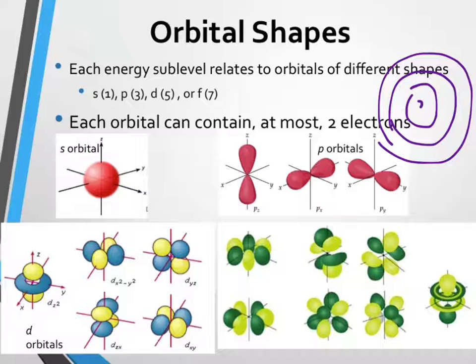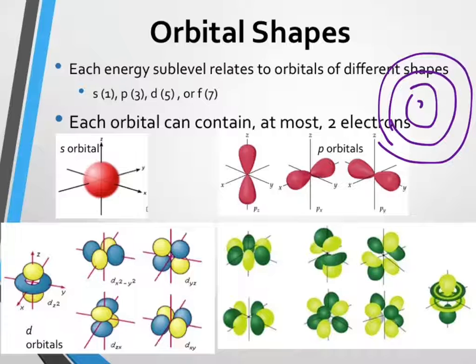The next orbital is the p orbital. If we're looking at x, y, z axes, the p orbital looks like this. You have 1 suborbital on the y-axis, 1 suborbital on the x-axis, and 1 suborbital on the z.